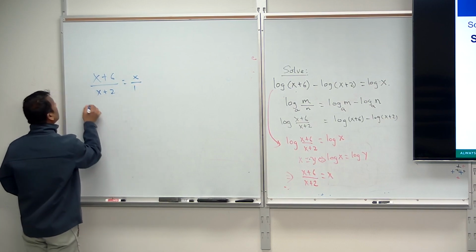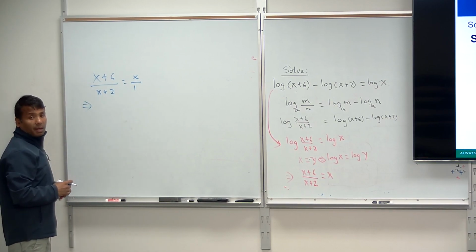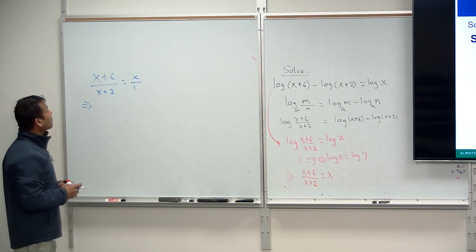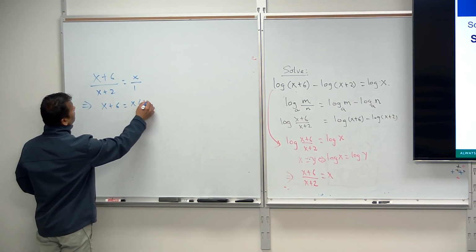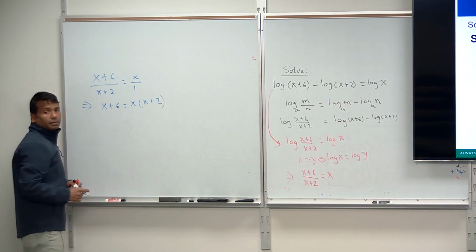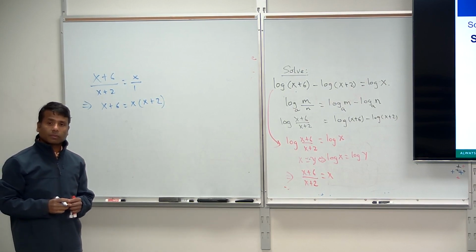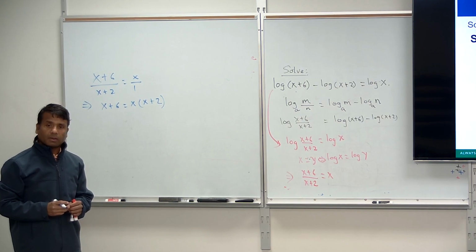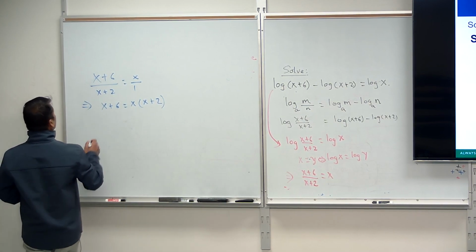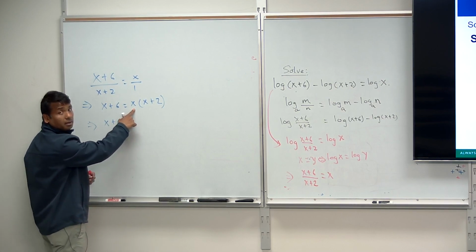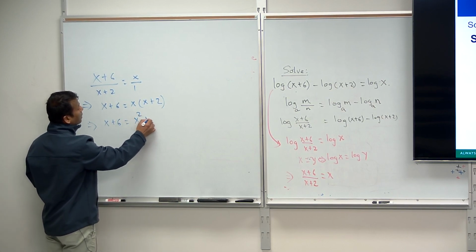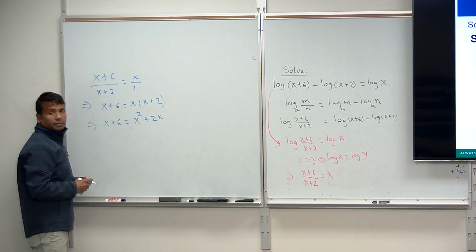It has over 1, so you cross multiply. So x plus 6 equals x times x plus 2. Make sense? And then you distribute this: x plus 6 equals x squared plus 2x.